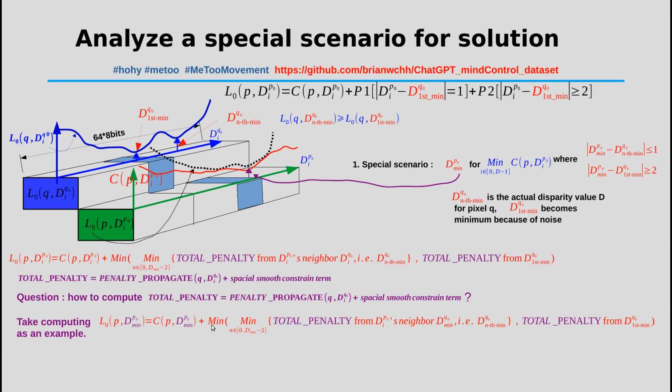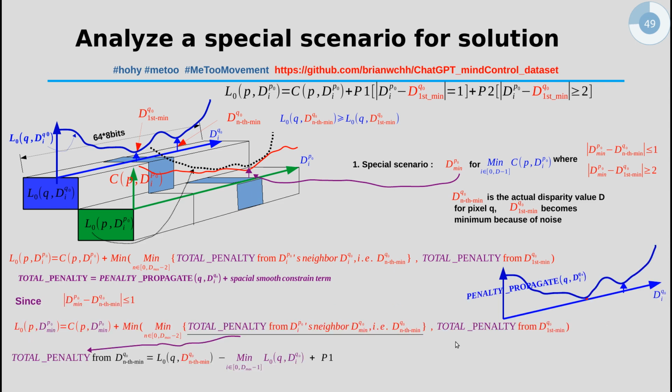So here we're going to compute. Now let's first compute the total disparity given by this second minimum point of this neighbor Q0. Okay. Now, this curve itself, this value here minus this minimum will become here.